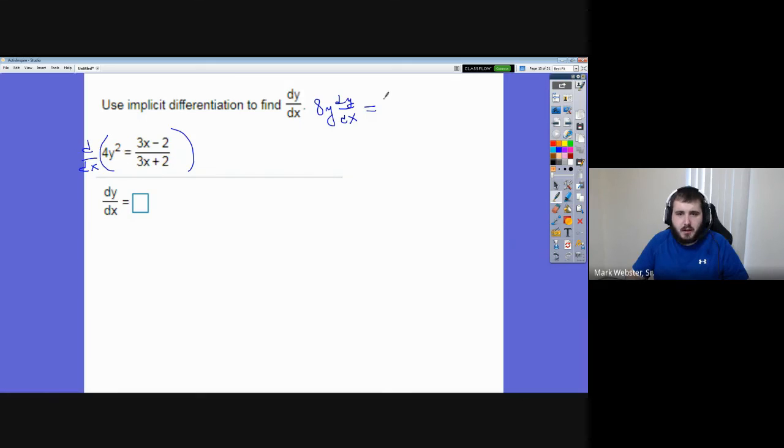So low d high, I just put the 3 out front because it looks easier, minus high d low over low squared.